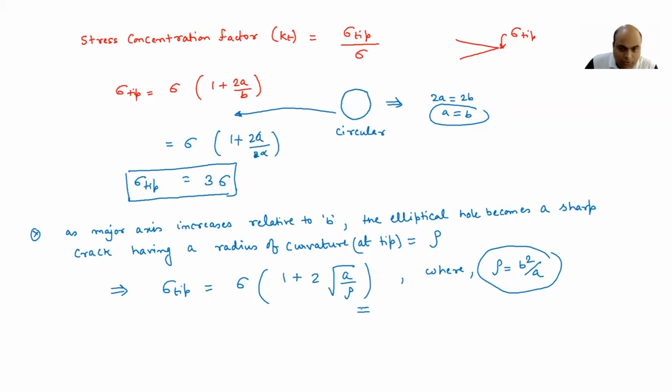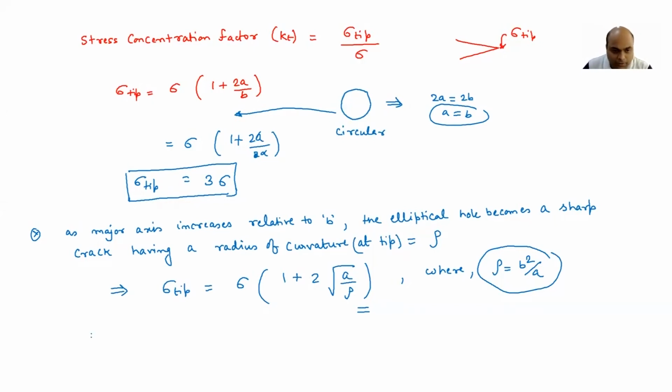Okay. So for a circle, again, if you see, A is rho, right? Because the radius of curvature for a circular hole is A, your rho. So in that case also, A and rho will get cancelled out. So sigma tip will become 3 sigma, which is equivalent to what we have just discussed.